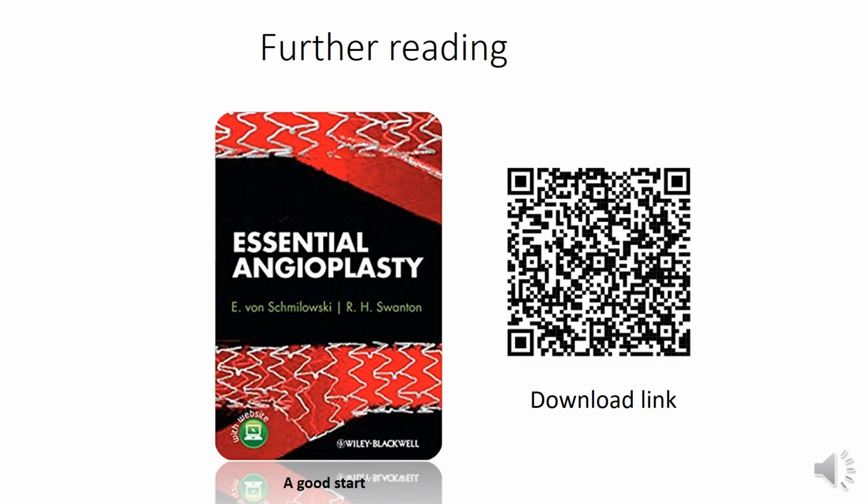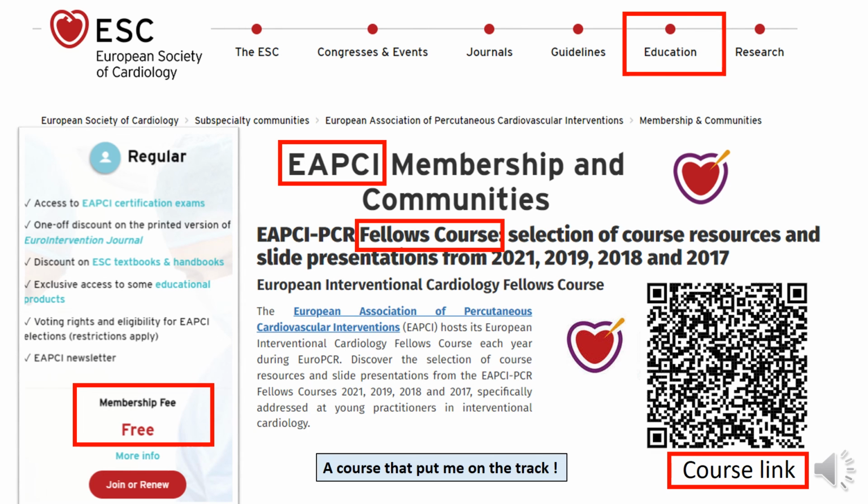Here is another book, which is Essential Angioplasty. Also it is a good one. And this is the website of the European Association of PCI, which has what is called the fellow course that is arranged during the annual conference of EuroPCR.